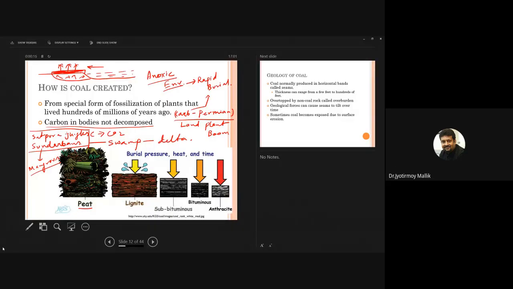We said that the anoxic environment is extremely important here, and that makes sure that the carbon bodies are not decomposed. We gave the examples of two areas. We compared the areas with Satpura's jungles and Sundarbans, and we discussed where you find better potential of having coal.